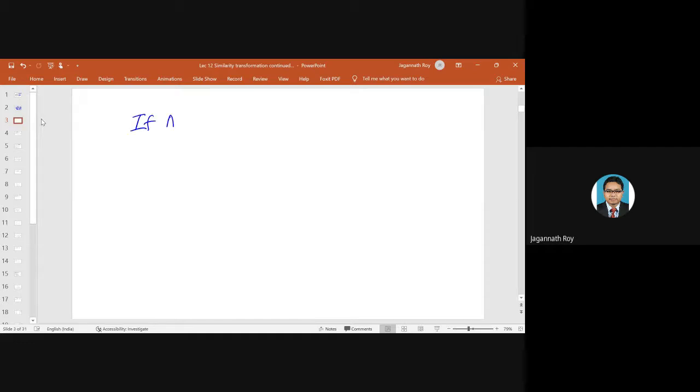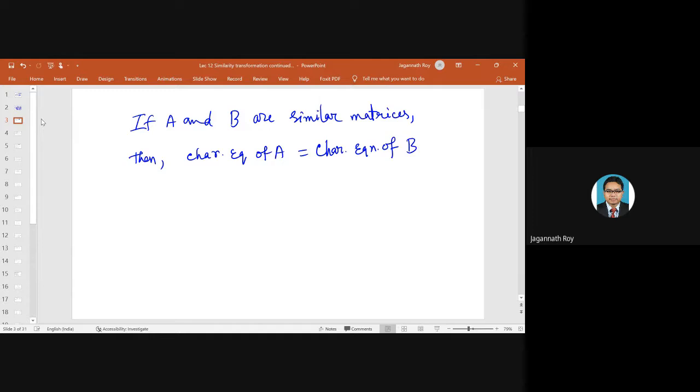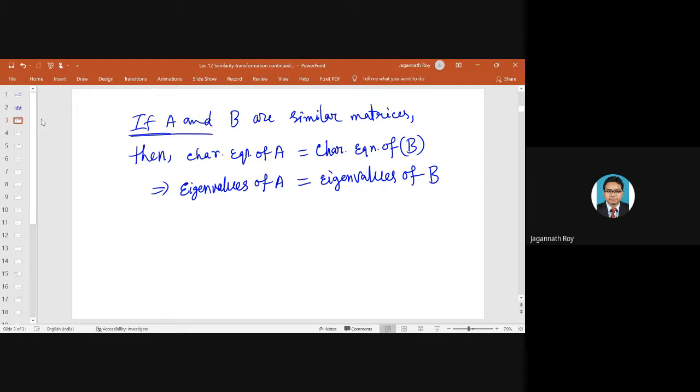If you summarize, if A and B are similar matrices, then the theorem says the characteristic equation of A equals the characteristic equation of B. This implies the eigenvalues of A are equal to the eigenvalues of B, because the characteristic equation gives you the eigenvalues.